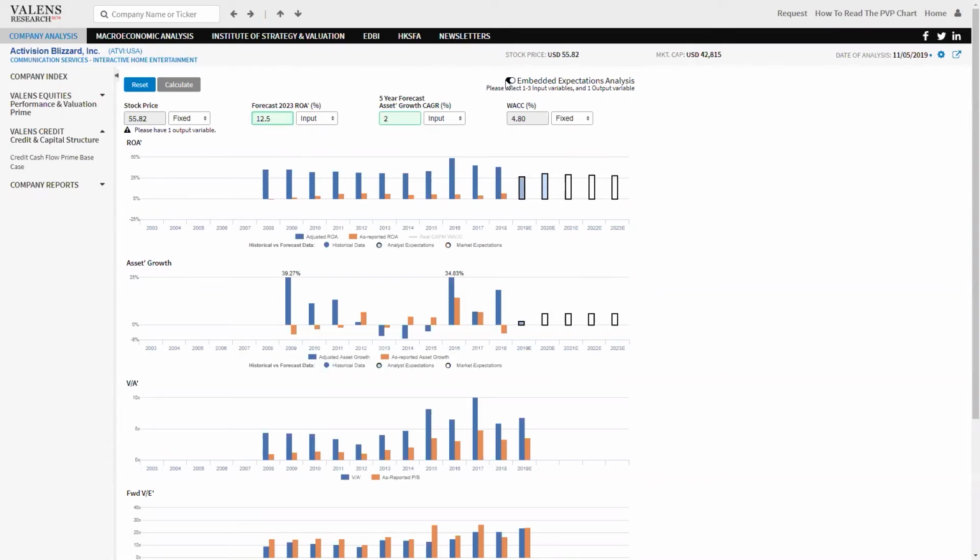I can use this tool, the embedded expectation tool, to plug in what I think my scenario should be. And then instead of solving for the current stock price, which is what we were doing, I'm going to say, what does that mean the stock's worth? If that happens to Activision Blizzard, if they continue to get destroyed by issues like that, this company still has 50% downside.